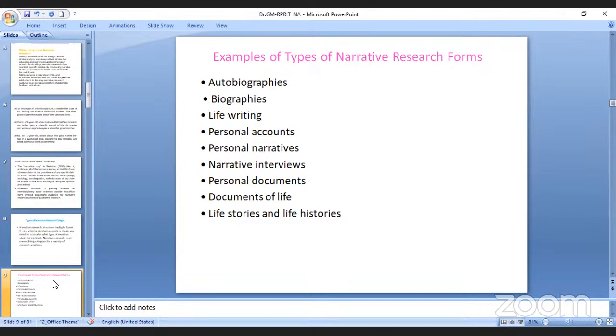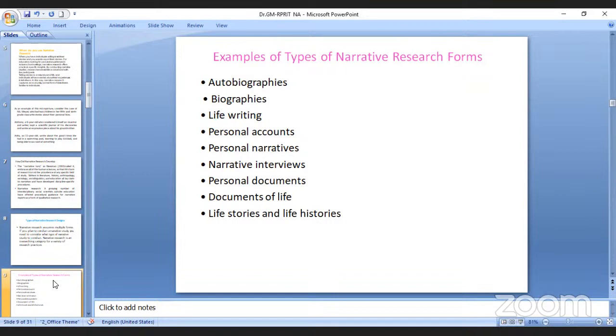Autobiographies. What do you mean by autobiographies? Anybody? An autobiography is the life experience of a person written by him or her. Okay. Then what are biographies? A biography is the life story of a person written by another person.